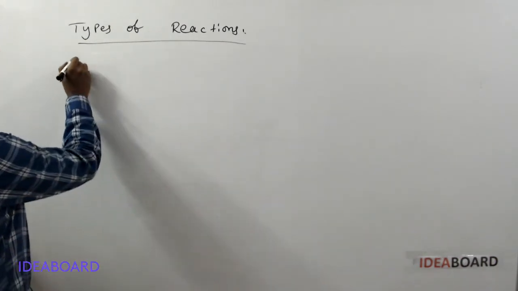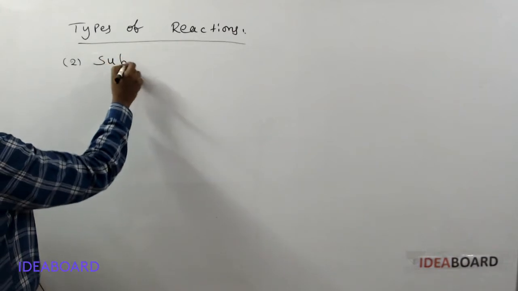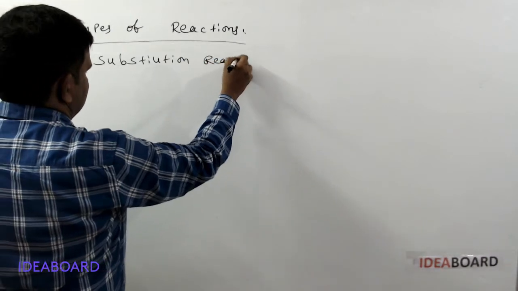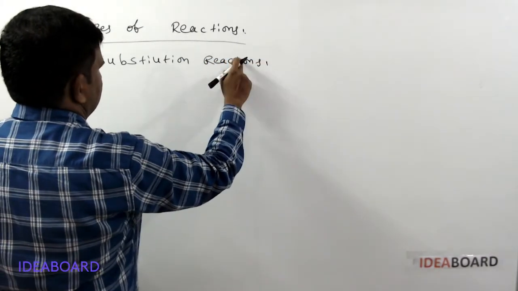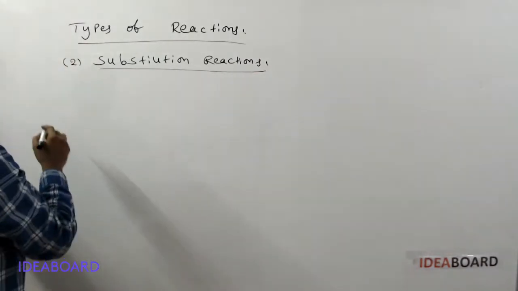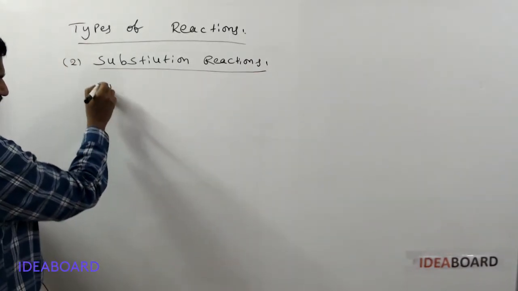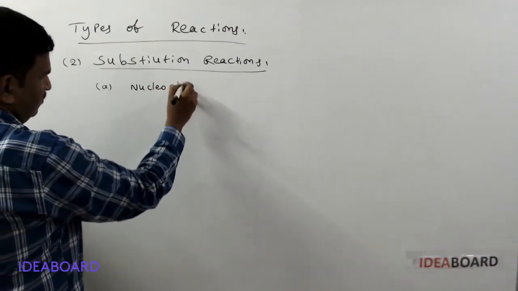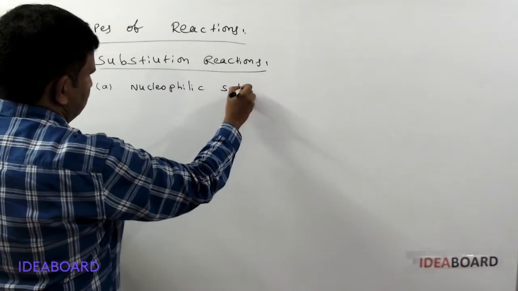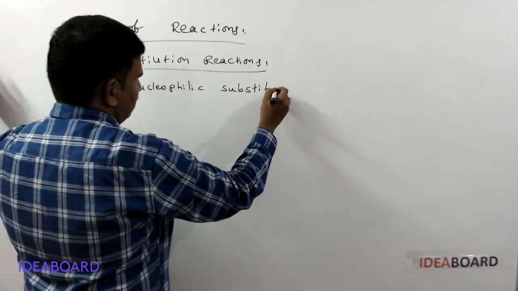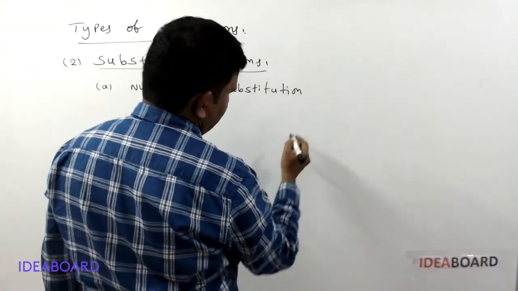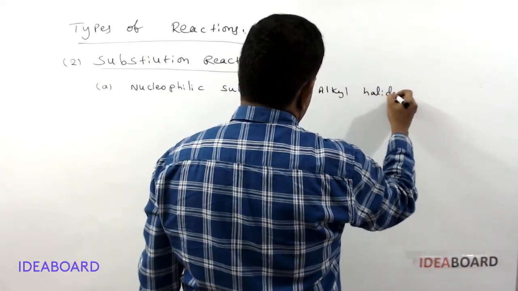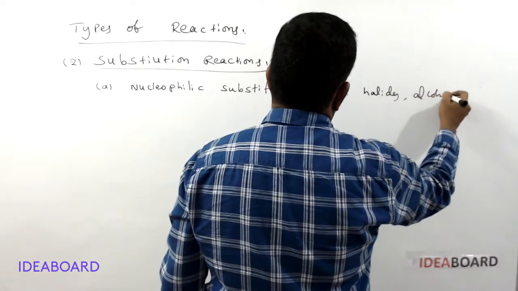Next, the second type is substitution reactions. There are again three types. The first is nucleophilic substitution reactions, mainly given by alkyl halides and alcohols.